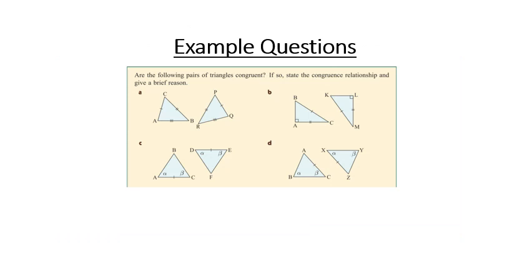Okay, so let's have a look at some example questions. It says, are the following pairs of triangles congruent? If so, state the congruence relationship and give a brief reason. If we look at question A, we can see that both triangles have a side length with 1 dash, both triangles have a side length with 2 dashes, and both triangles have a side with 3 dashes.